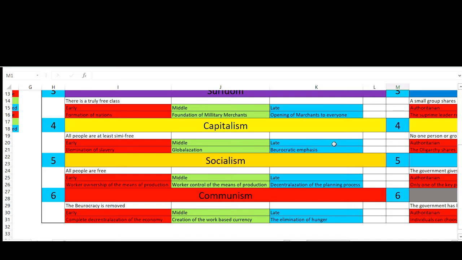So basically, a bureaucratic emphasis is basically the idea that individual merchants are no longer necessary. Individual merchants are inefficient ways of really organizing an economy. So basically, this is like transferring from a company owned by a single individual or group of individuals to having an economy more reliant on things like corporations or co-ops.